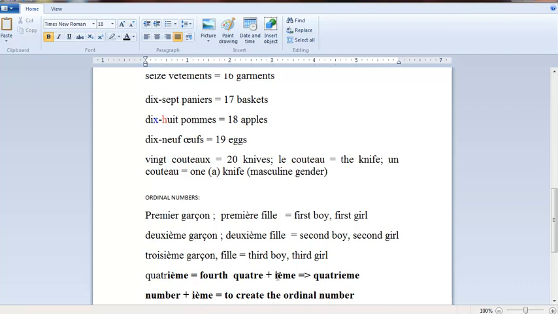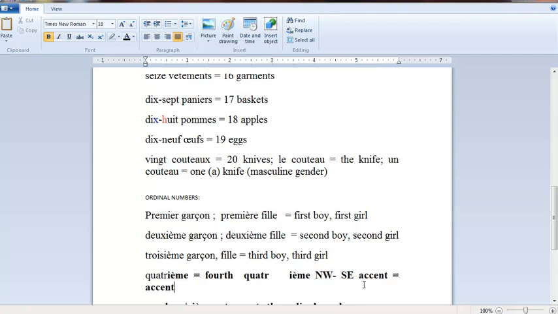Quatrième. The last E from elephant just drops when it's followed by this ending. Sorry, the ending is I-E-M-E, and this accent that is northwest to southeast is called accent grave in French language.